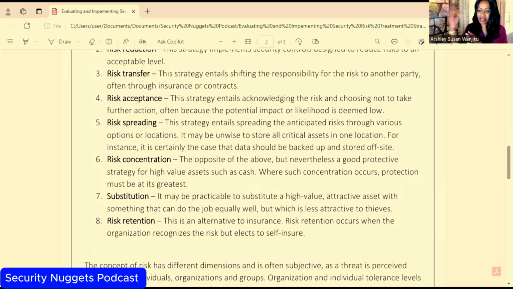So instead of having a very attractive and expensive asset within your organization that is a target to threats, you get another asset. You substitute that asset with another asset to do the same function, okay? But because it is of less value, it becomes less attractive to adversaries, all right? So that is what this strategy of substitution really means, okay?